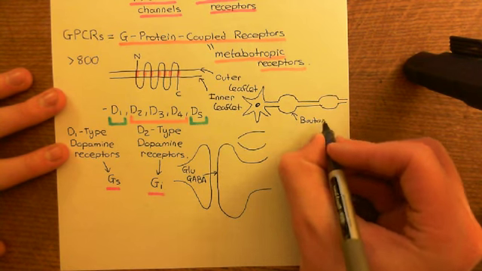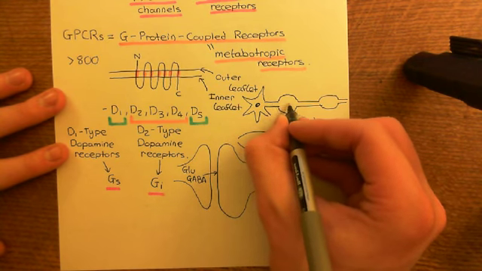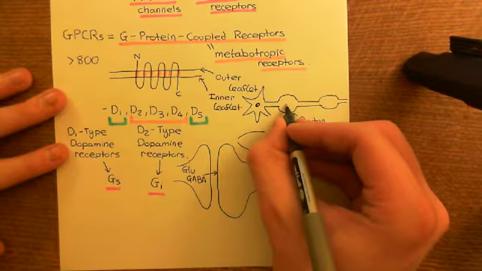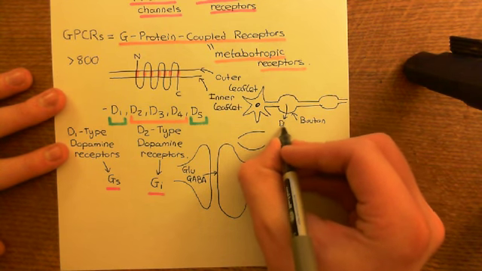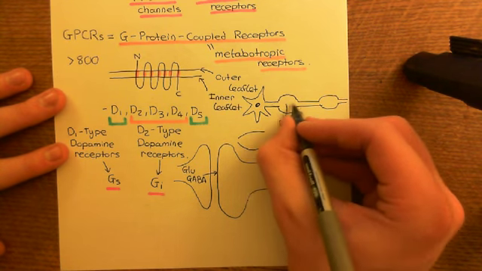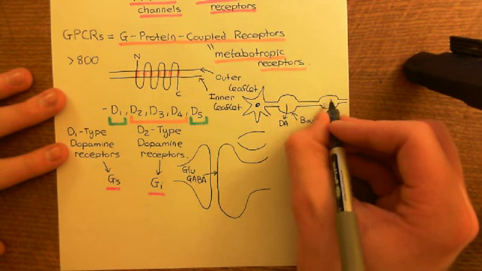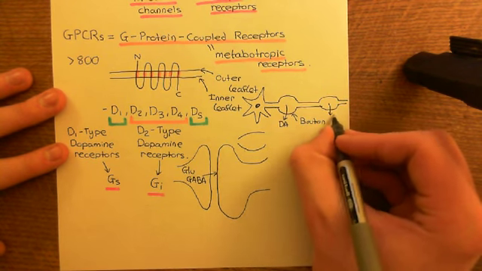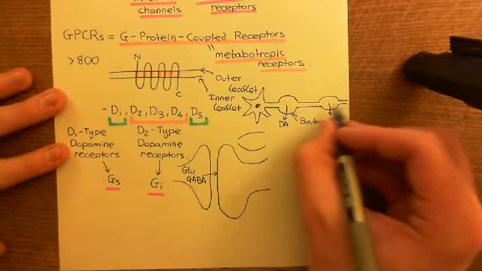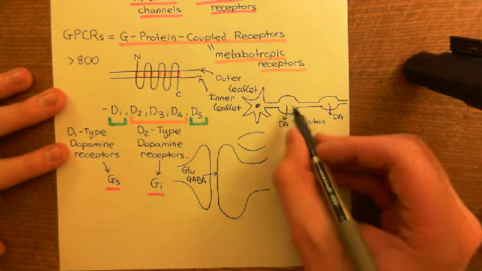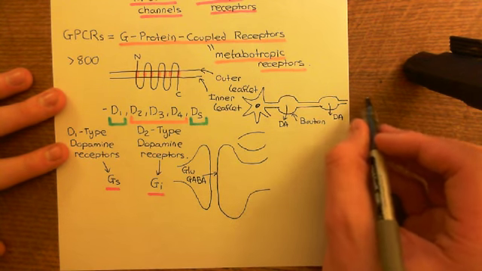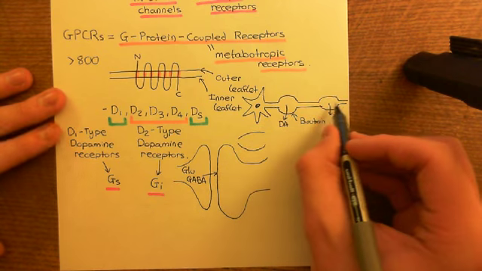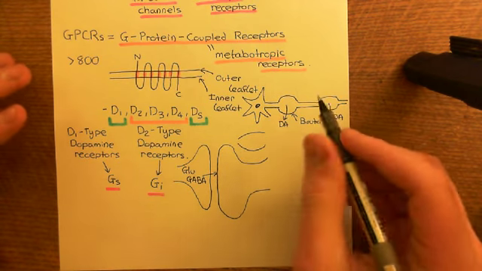Basically the action potential will propagate along here until it gets to the bouton, and then from the bouton you will release dopamine out, and then the action potential will go on to the next bouton, cause dopamine to be released from that bouton, and so on. Okay, so rather than just having an axon terminal at the end which will release the neurotransmitter, you have loads of these in-passing synapses.